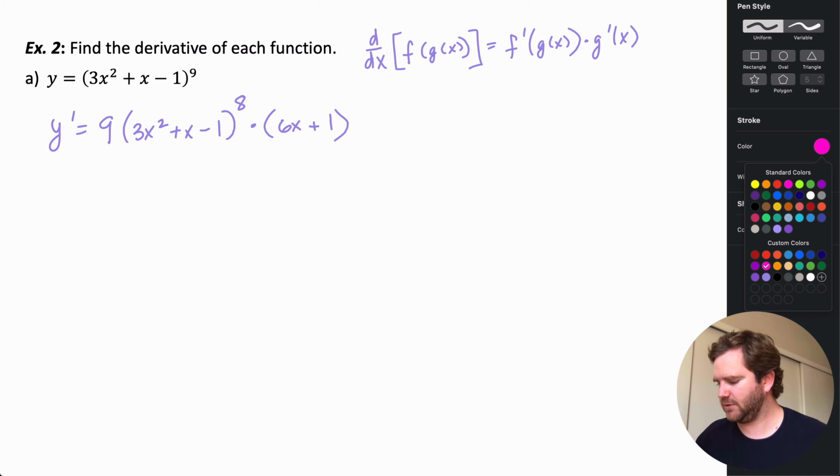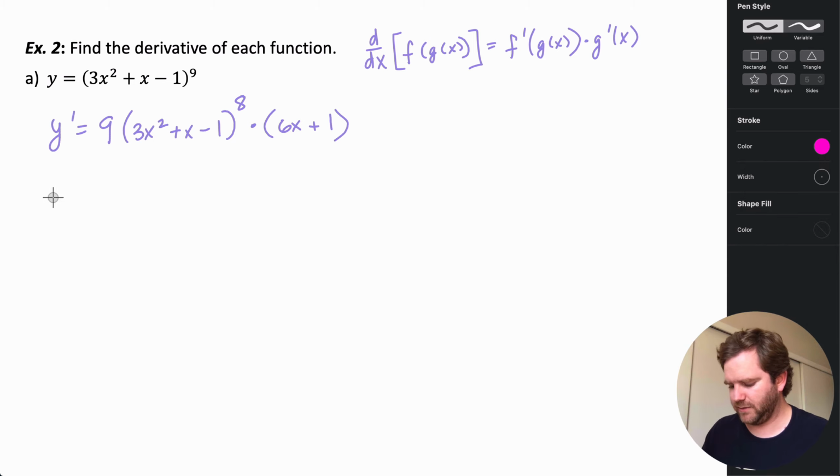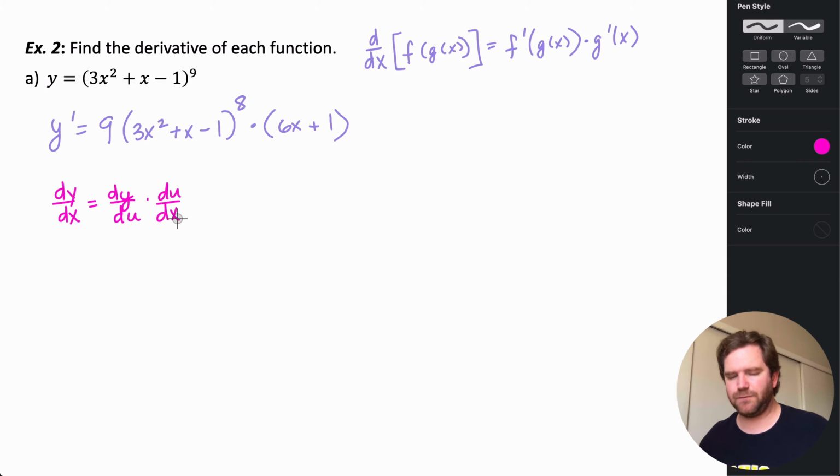Now, what if we wanted to use that other method, the one that said the derivative of y with respect to x is equal to the derivative of y with respect to u times the derivative of u with respect to x. So the first thing that we would have to do is define our function in terms of u. So we said that the inside part would be u.